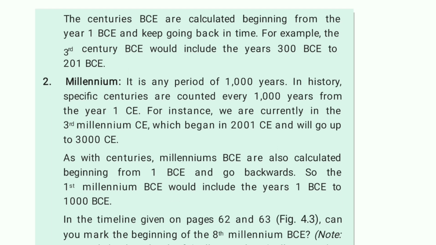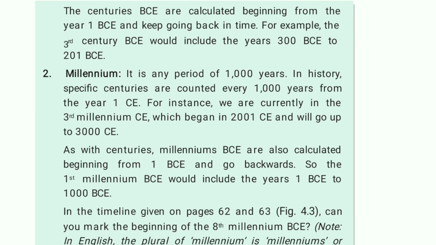Second, the reverse for BCE. The centuries before Common Era are calculated beginning from the year 1 before Common Era and keep going back in time. For example, the 3rd century before Common Era would include the year 300 before Common Era to 200 before Common Era.